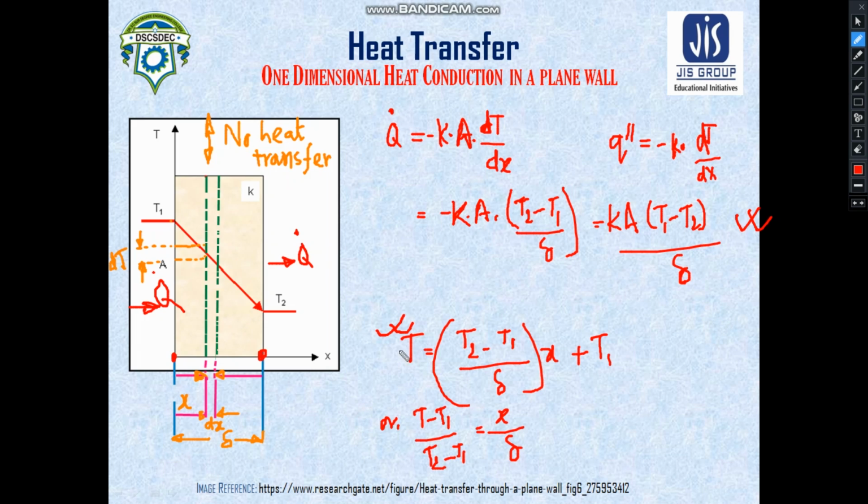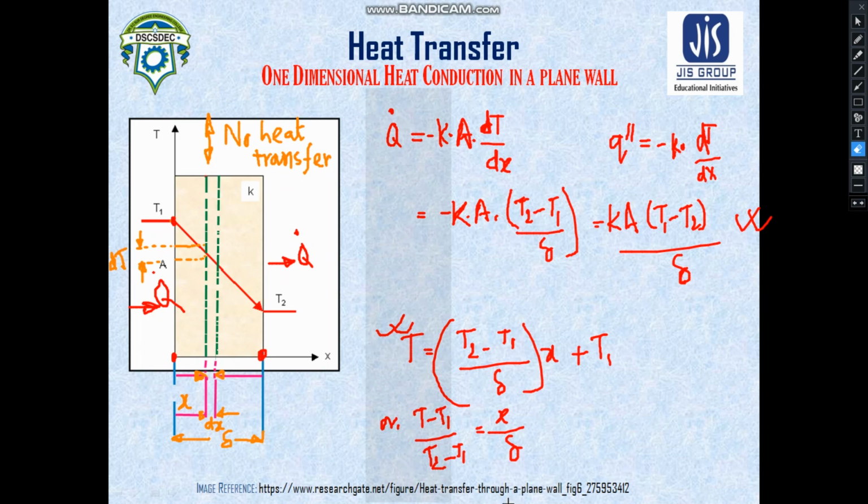That means if you want to find out the temperature at a certain location, you just put in the value of x. If you know these boundary temperatures, then you can easily find out this temperature. Okay, it is as simple as this.